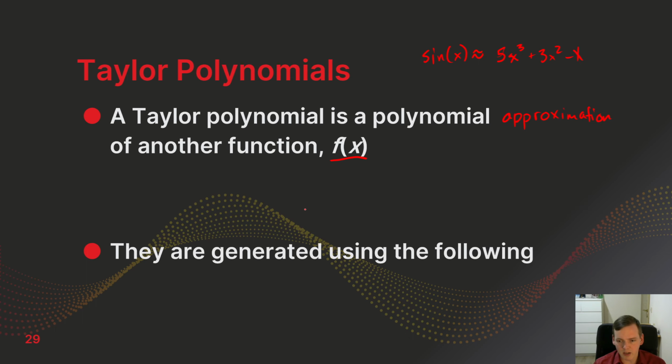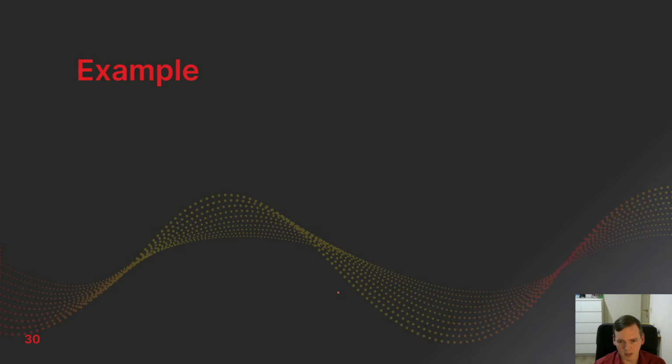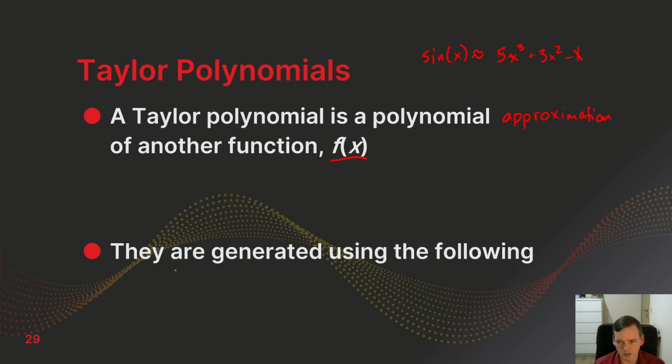They're generated using the following expression. The expression for a Taylor polynomial is that the term a sub n is equal to the nth derivative of that function at some point a, divided by n factorial, and then times x minus a to the n.